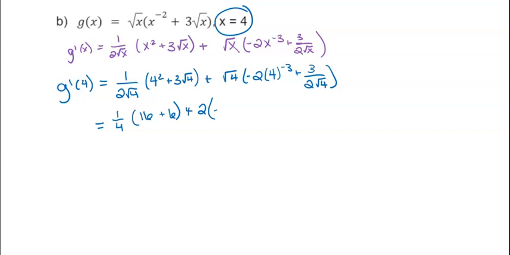So this is negative 2 over 64. And this is 3 over 4. Okay, I want to keep going, cleaning this up. 16 plus 6. Actually, let's add that. So 22.